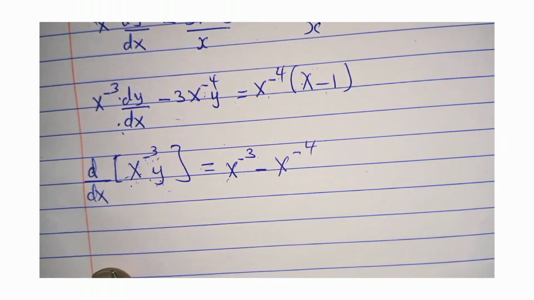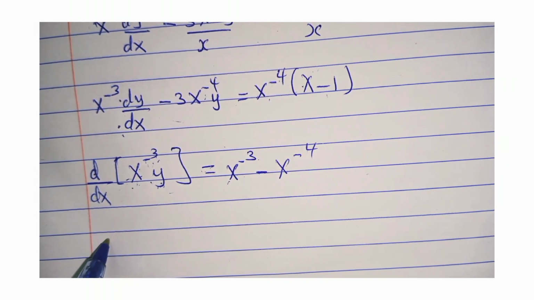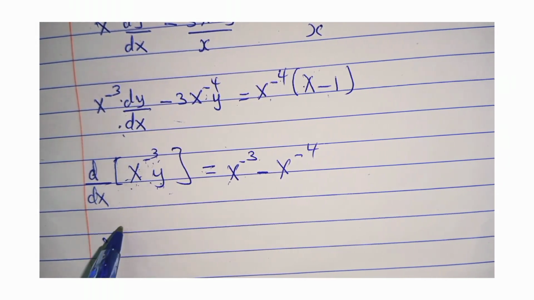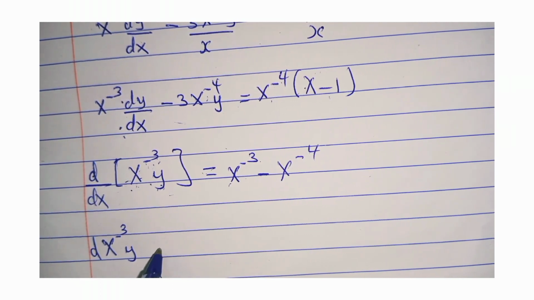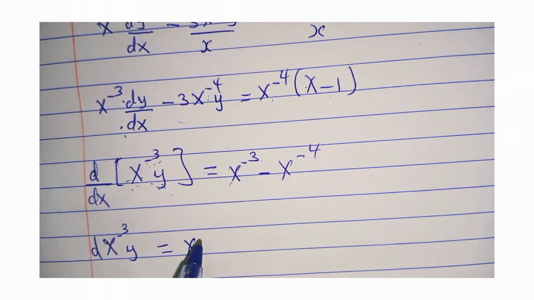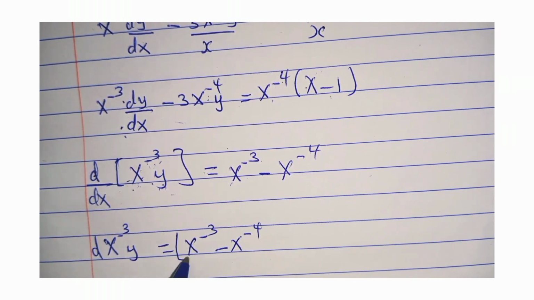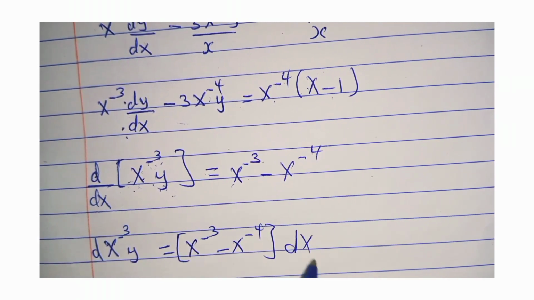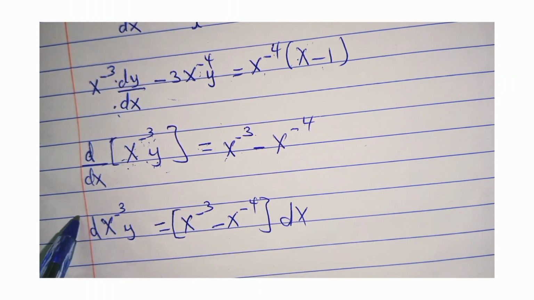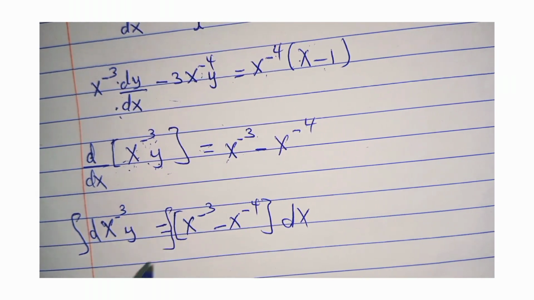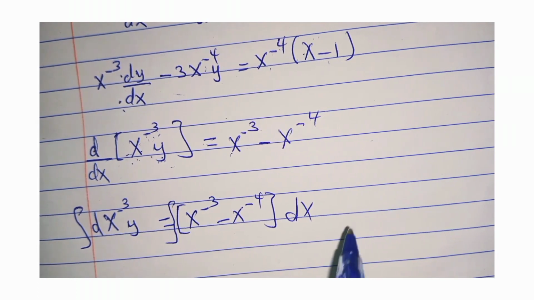Then at this level, we multiply both sides by dx to be left with x to the power negative 3 y, d of that, is equal to x to the power negative 3 minus x to the power negative 4, everything here into bracket dx. Then we introduce integral signs on both sides.